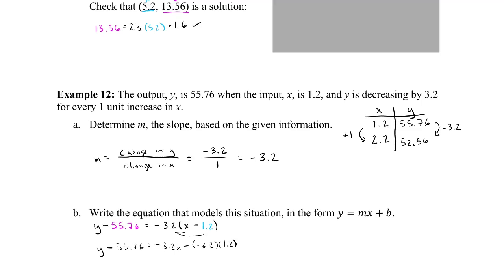Now we're going to have a minus a negative. We're going to have y minus 55.76 equals negative 3.2x plus, because it's minus a negative, 3.2 times 1.2. So we get 3.84.